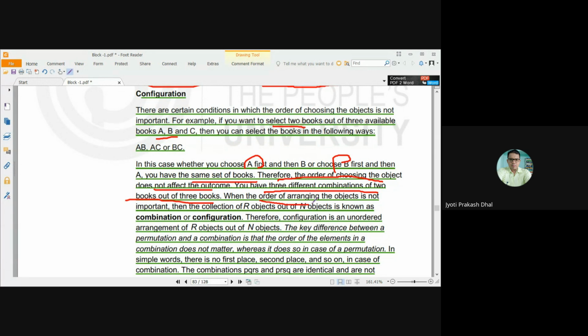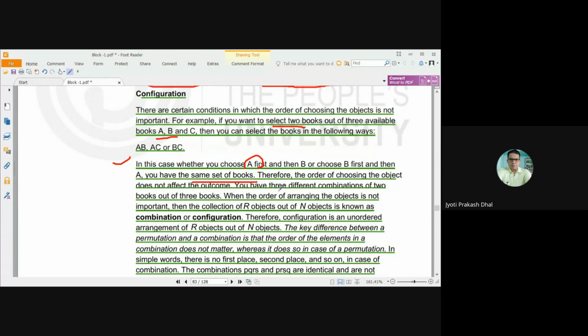Again I am repeating here: whenever you choose A first and B second, or B first and A second, you pick from the same set of books.